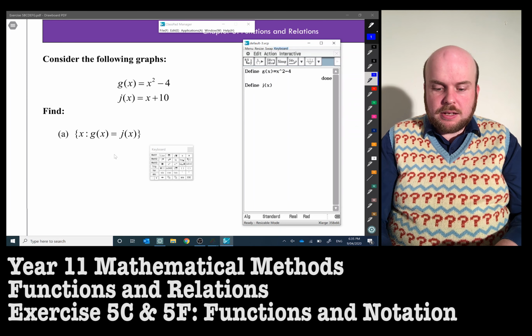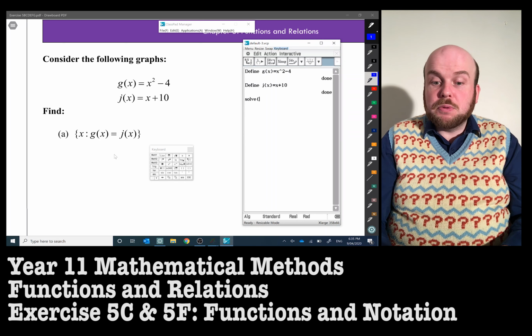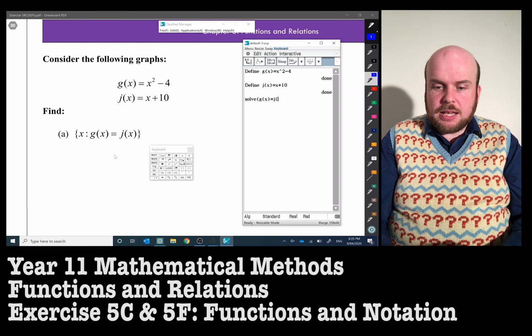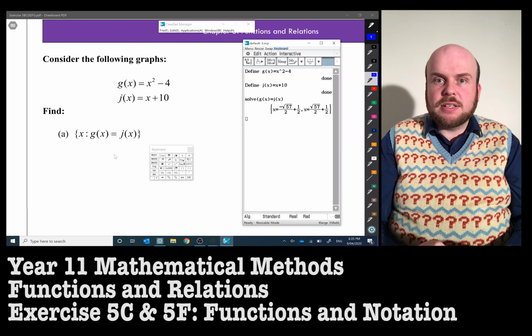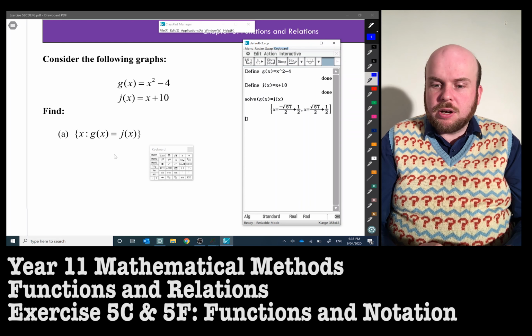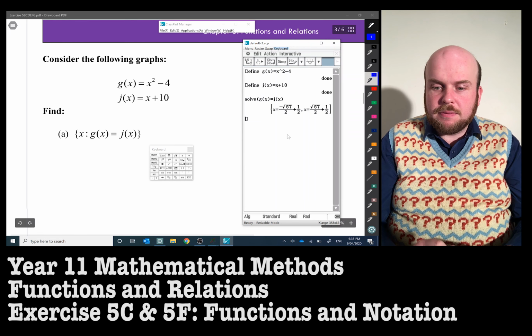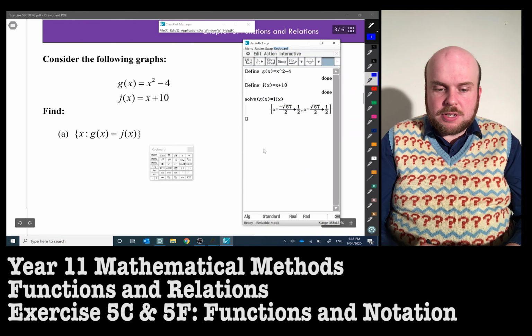Define j of x equals x plus 10, and then we're going to solve g of x equals j of x. So that gives us these very horrible, complicated x values here, which is a little bit annoying.